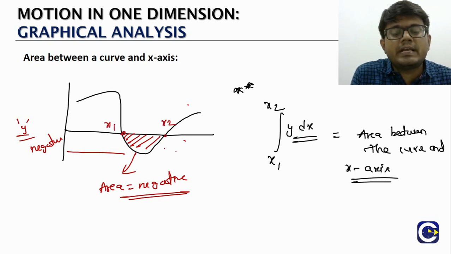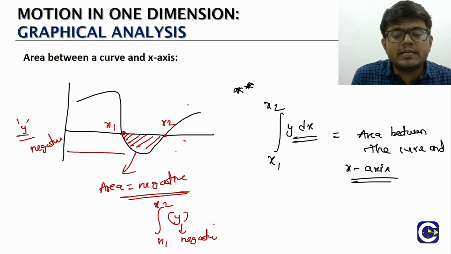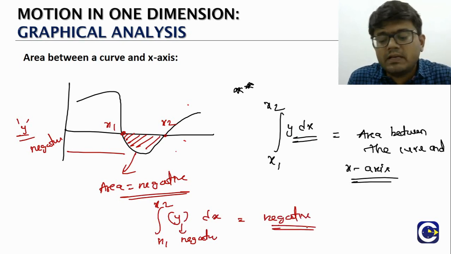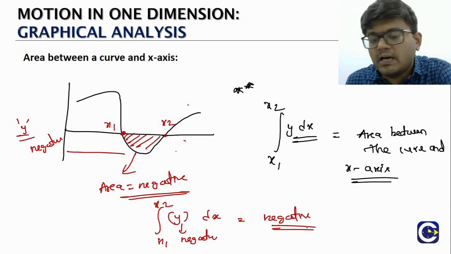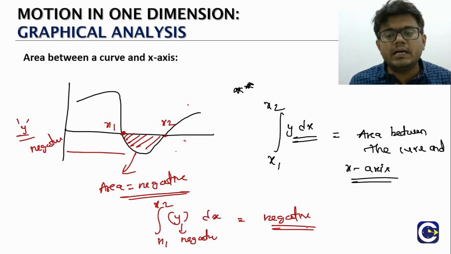From here to here we are integrating. Integrate x1 to x2 y, this is a negative quantity, dx. So that the overall value will be coming as what? Negative. So whenever we have the curve below the x-axis, the integration value for that will be coming negative.